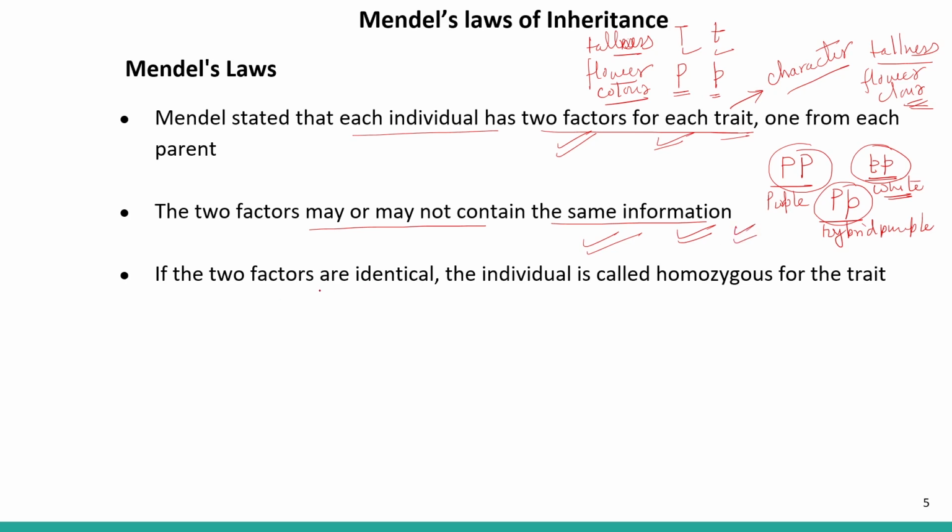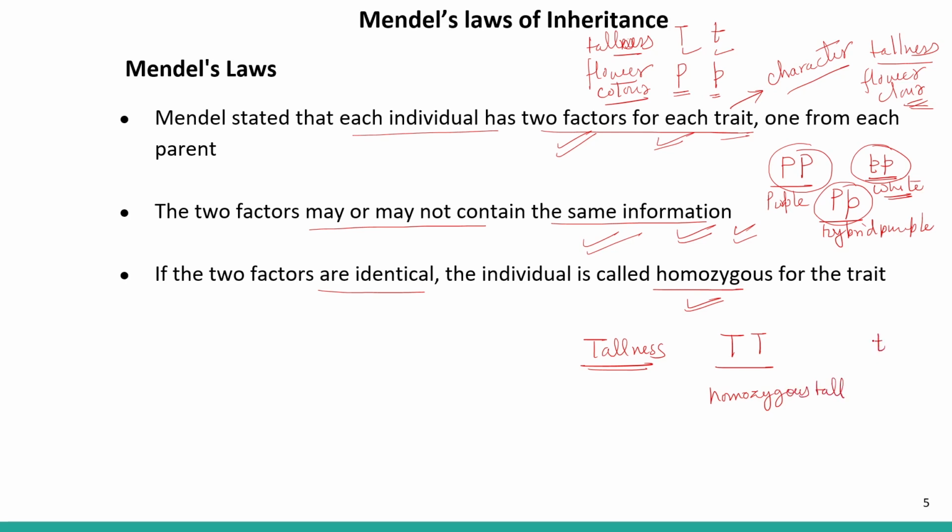So if the two factors are identical, then it is called homozygous. Suppose we are taking the tallness, height of the plant, capital T, capital T, then it is homozygous tall.